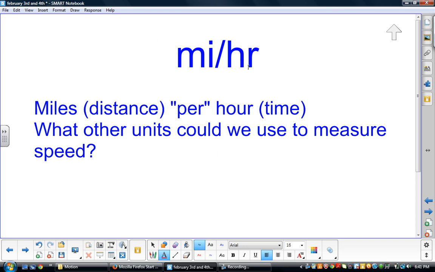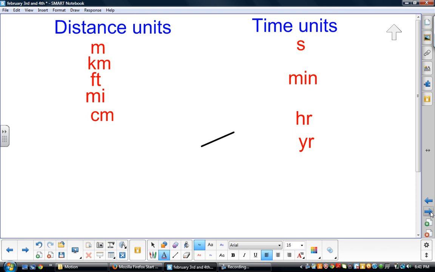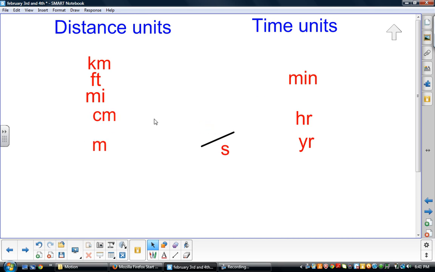Alright. What other units could we use to measure speed? We can measure speed using any distance unit divided by any time unit. We talked a little bit about this last week. So, for instance, meters divided by second measure speed, but so do centimeters divided by seconds.